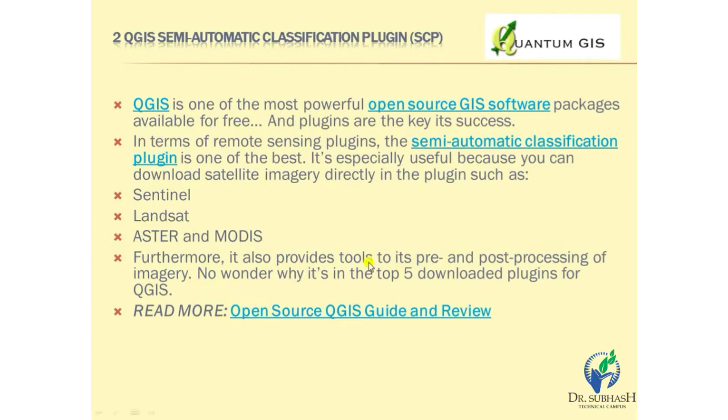If you want to know more about the open source QGIS guide, we can click here and find out the different methodologies used in QGIS. It is a large subject because every software has many modules, and each module has separate users with different performance. I can share this PPT with you, so you can click this link and find out how to use QGIS.